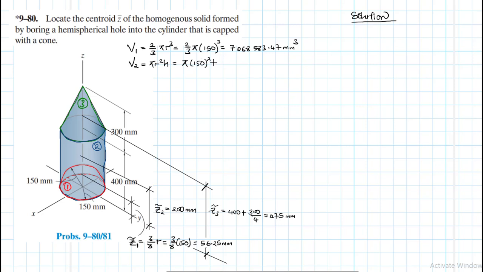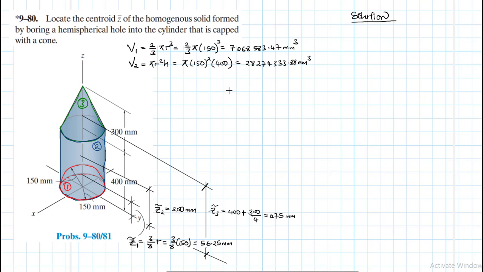The height is 400, and this gives us 150 squared times 400 times pi. What do we have? Okay, very huge number, 28,274,333.88 millimeter cubed.